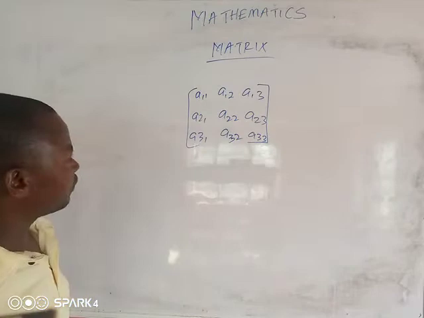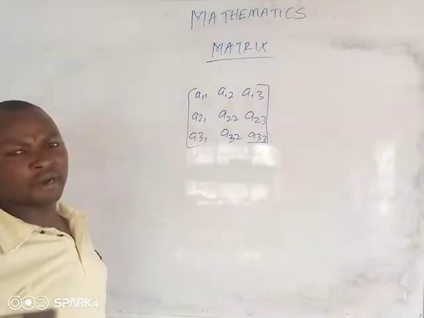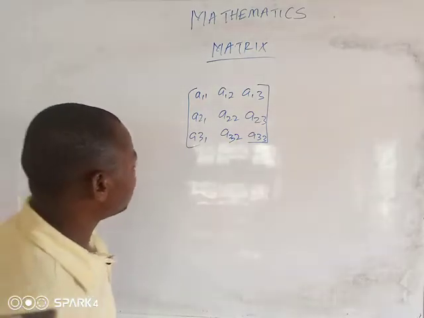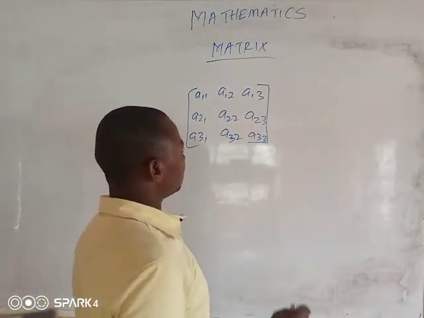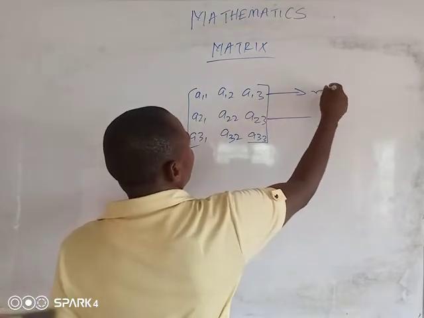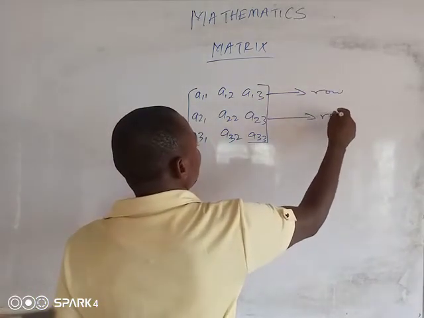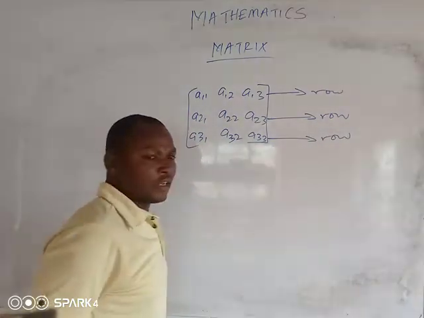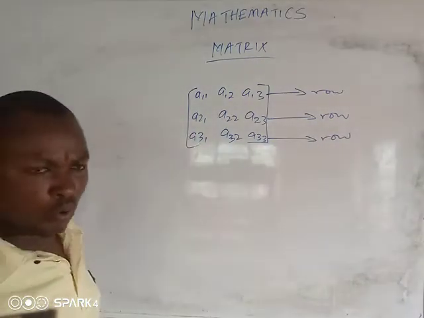If we have this type, we'll call it a 3 by 3 matrix. Why do we say 3 by 3? This is a row. This is another row. Another row. That means we're having 3 rows.